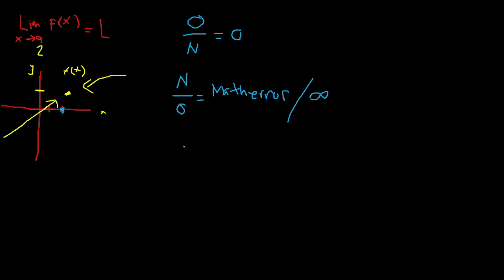And then next is, any number divided by infinity is equal to 0, and 0 divided by 0 is equal to indeterminate. Okay, indeterminate.